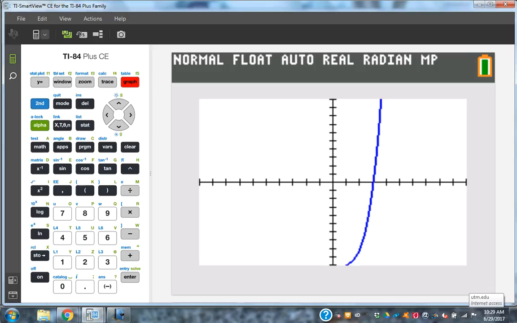This one's graph is a little weird. Because how many times does it cross the x-axis? 1. But the degree of the polynomial was what? It was 3, right?